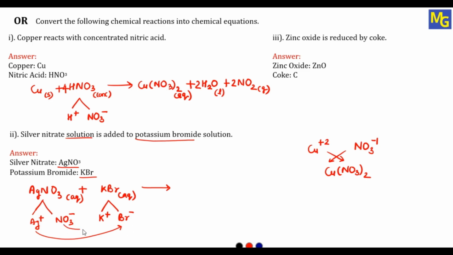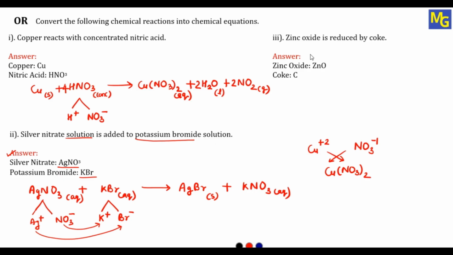NO3 minus combines with the positive ion of the other one, that is K plus. If I combine in such a way, I am going to get the product Ag plus Br minus, so I will get AgBr. So I'll write here AgBr, silver bromide, it is in solid condition. Plus with this I am going to get KNO3, potassium nitrate, and this is in aqueous condition, so I'll write AQ for this. This is the equation for the second one, that is silver nitrate solution is added to potassium bromide solution.